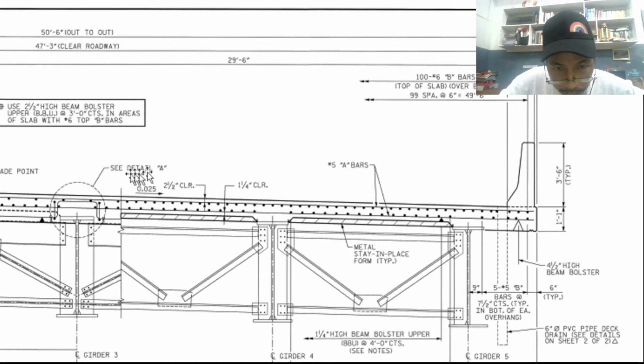Okay, so details A, we will see that later. So we have what? 2.5 clearance. So 2.5 clearance here. So meaning the concrete cover at the top is 2.5. So that is about what? 40 mm.